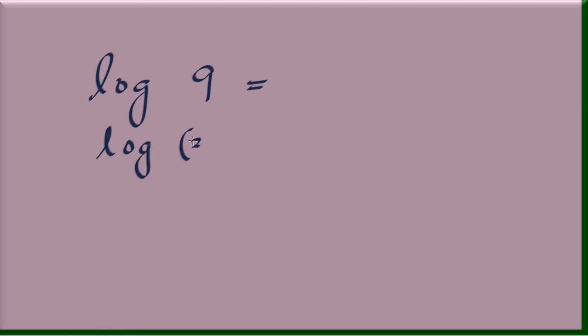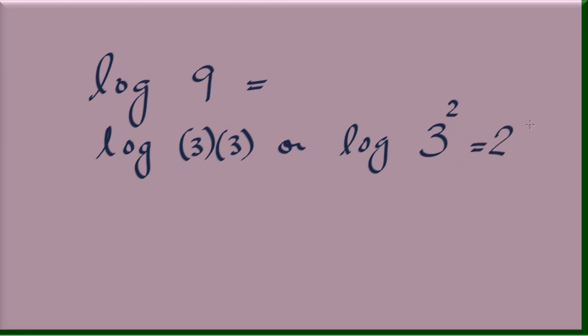So let's see how you get log of 9. We can get log of 9 two ways. Either we express this as log of 3 times 3, or you can express 9 also as log of 3 squared. If we use this log of 3 squared, then we can use the third property, because this is equivalent to 2 times log of 3.